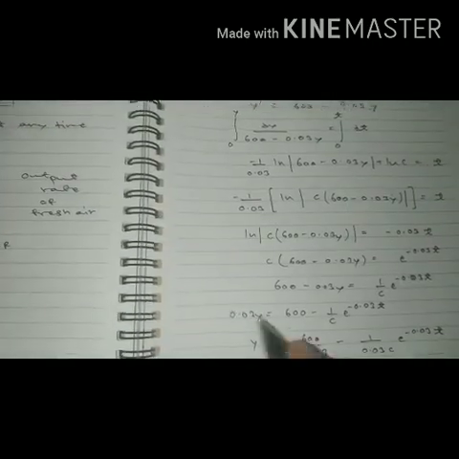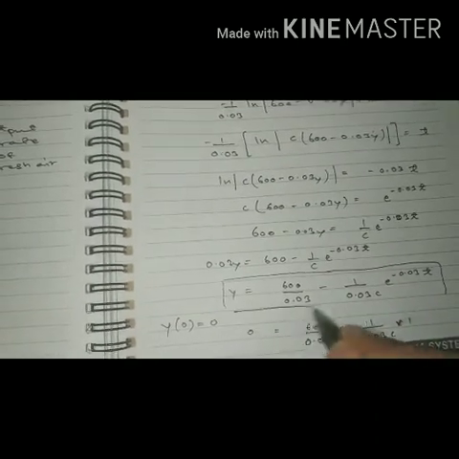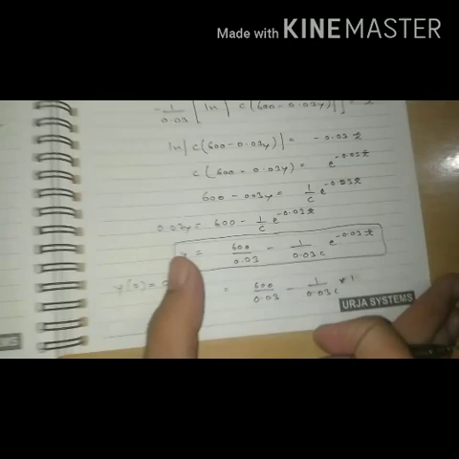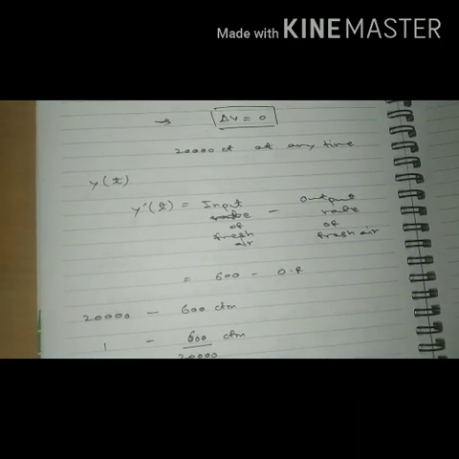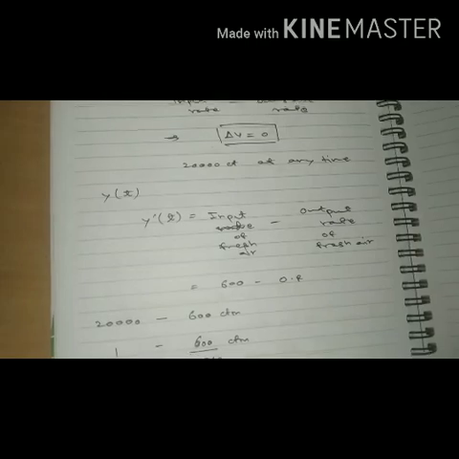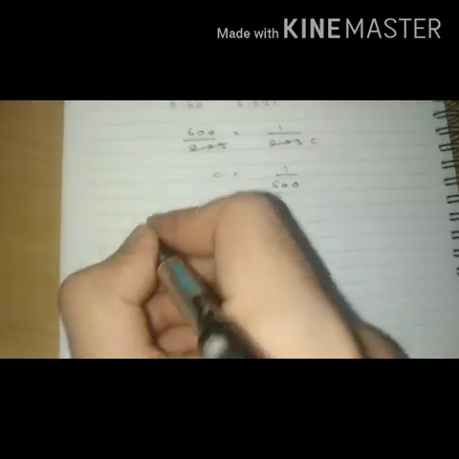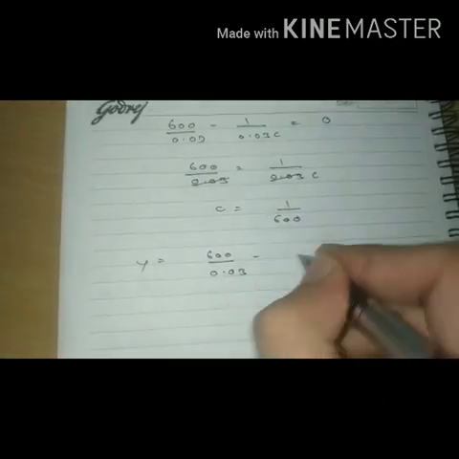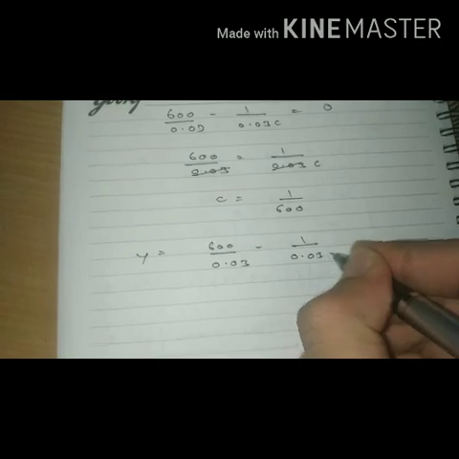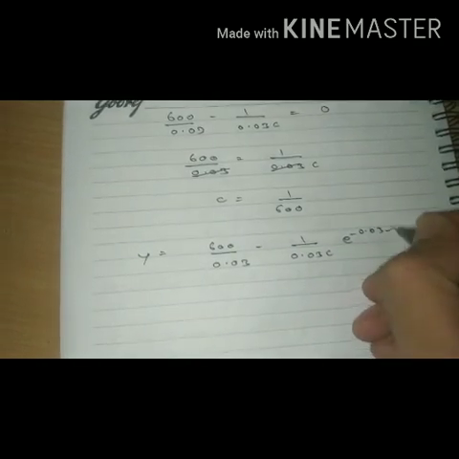So c comes out to be 1 by 600. While the equation we had was this, by putting the value into the equation we get 600 upon 0.03 minus 1 upon 0.03 c e to the power 0.03 t.